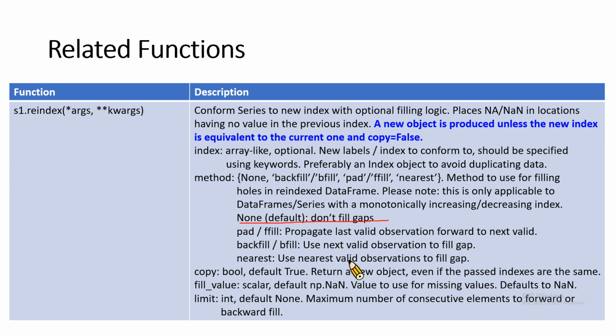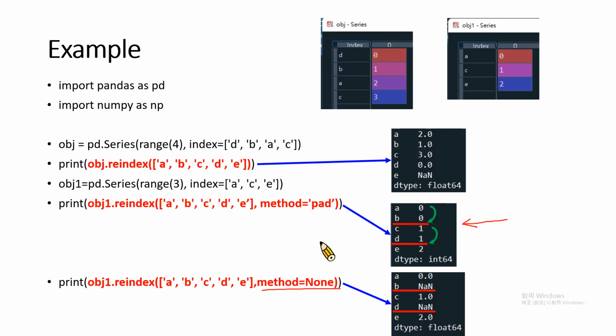We don't fill in the gaps for the new value. So the values for index B and D will be kept as NaN, not a number.